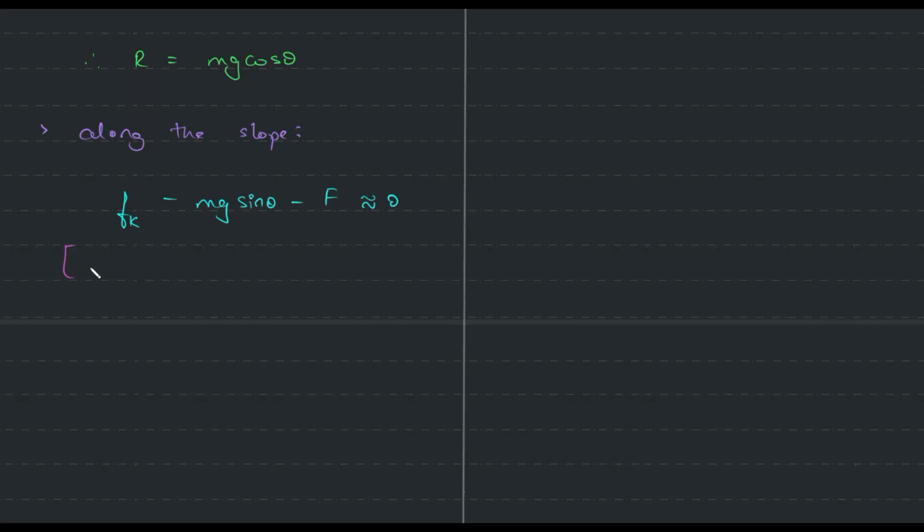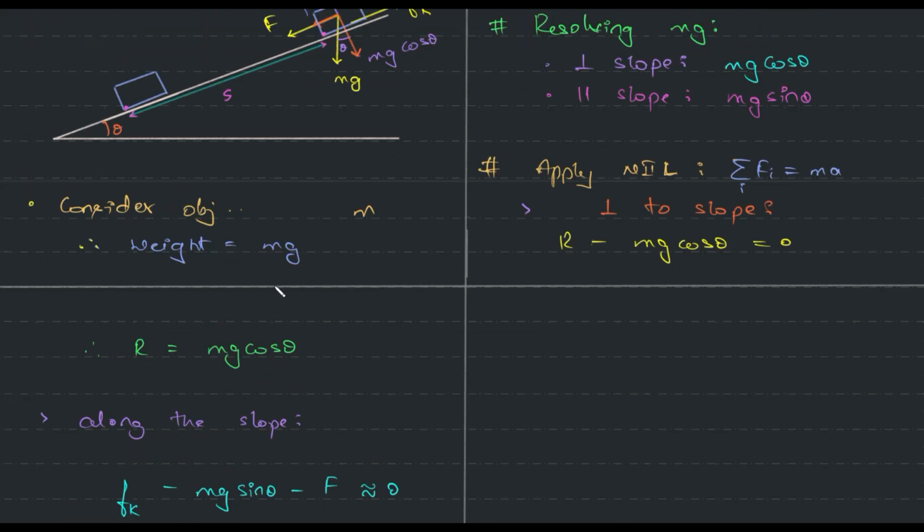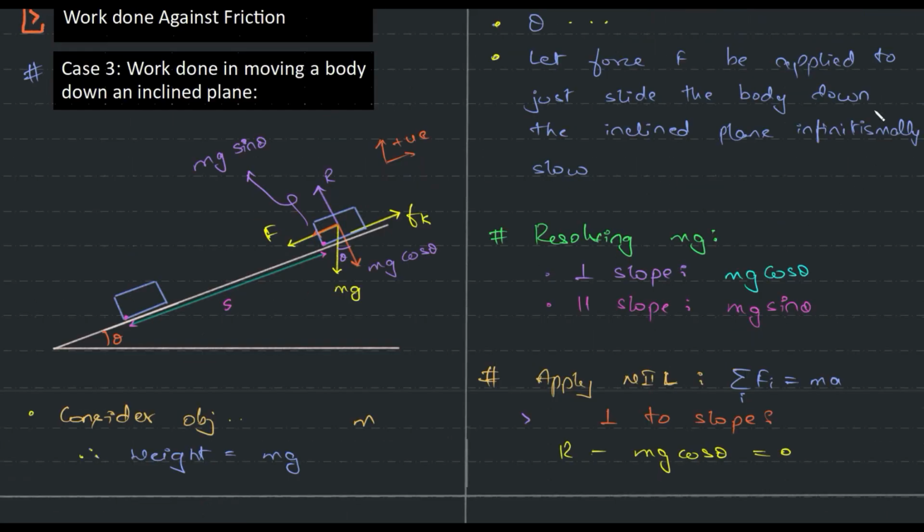Reason being, infinitesimally slow makes acceleration approach 0. It's close to 0 value. Okay, so actually this is 1, by the way.